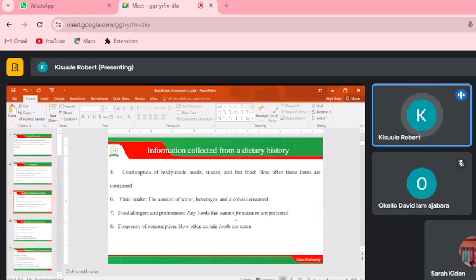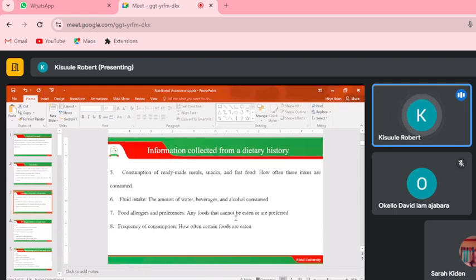However much they would give us conclusive evidence of what is there, we feel that by taking all consideration in collecting this information, of the dietary history, using food frequency questionnaires, 24-hour recalls, and food records, that will give you the correct information and assumptions. Then we look at the fluid intake, the amount of water, beverages, and alcohol consumed.